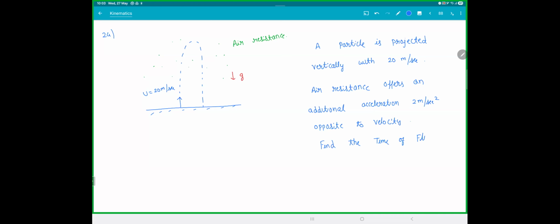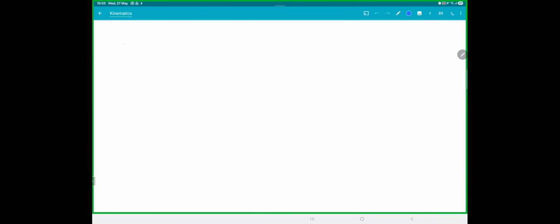I'll give you a little more context. And speed when it reaches the ground. You won't come back with the same speed. To give a little more context, listen. When you're going up, the particle's velocity is upward.